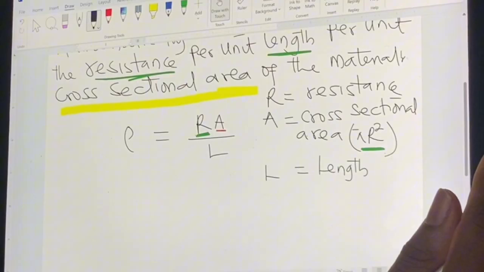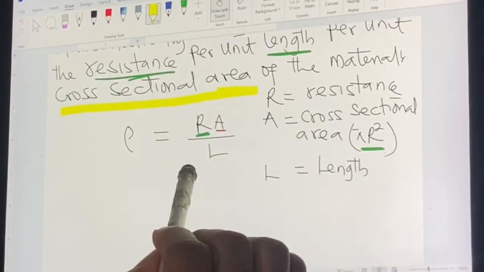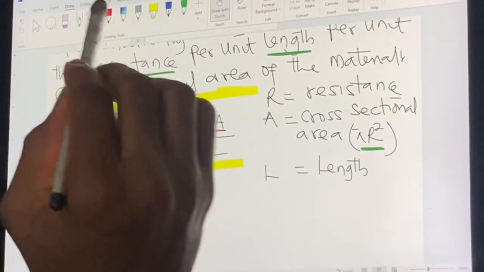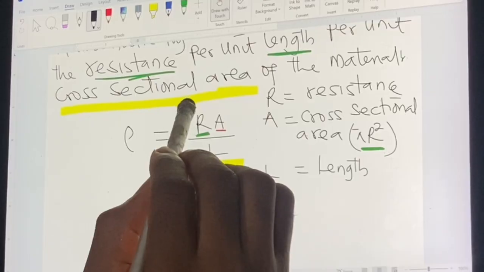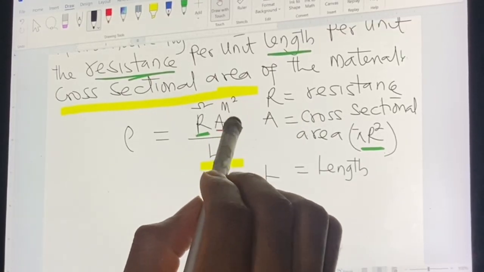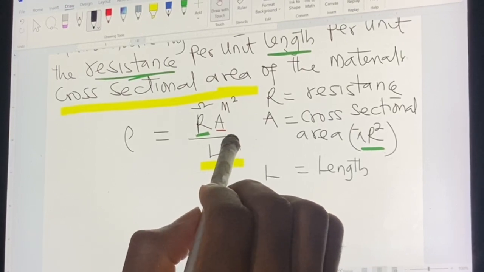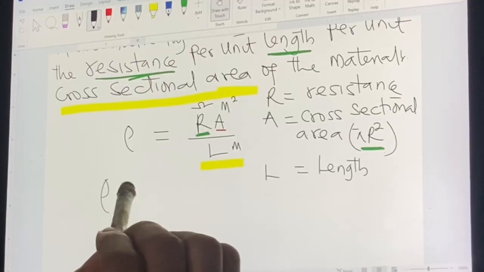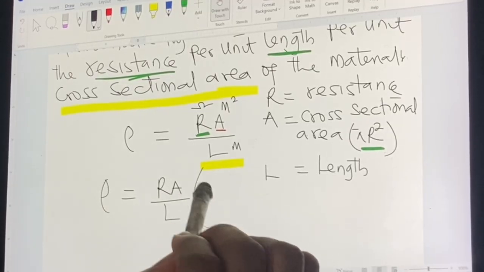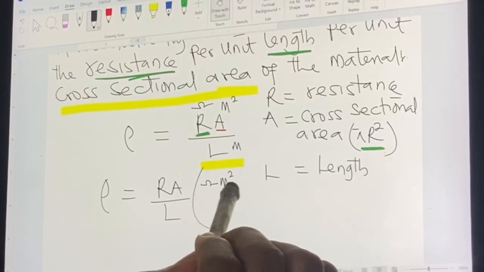From the formula here, we can easily express the unit of resistivity. The unit for resistance is ohms, the unit for area is meter squared, and the unit for length is meter. So from the formula, the unit will be ohms meter squared over meter.